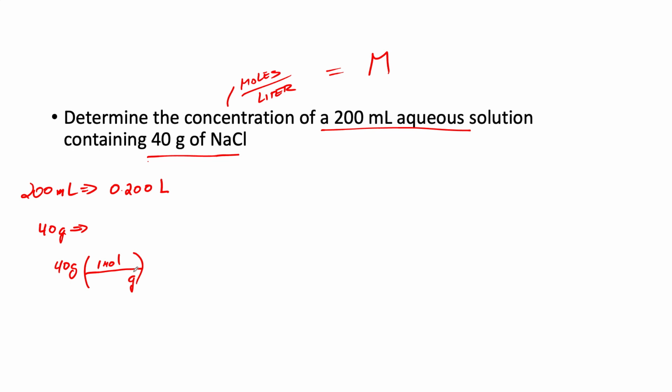Now, sodium, and we need a periodic table for that. Excuse me while I just put it away. So sodium is 22.99 grams per mole, and chlorine is 35.45.